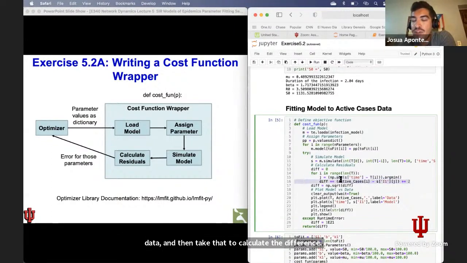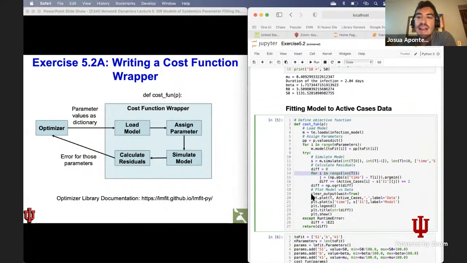Once I calculate the difference, I use the chi-squared, where I am squaring the difference, and then I add over all of the data points, which I'm iterating over here. And then that gives me the residual that I have to pass back to the optimizer. That's why it returns this variable called diff.